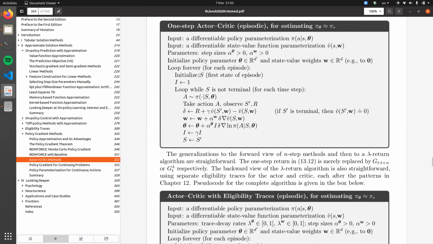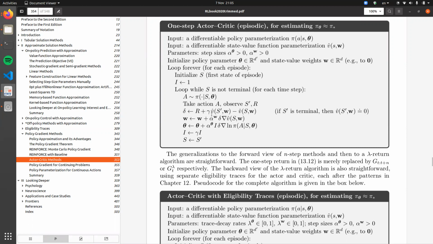Again, we go through the episodes. We start from some state, and we have this value I, which we initialize to 1. Then, very similar to REINFORCE, we iterate over states.